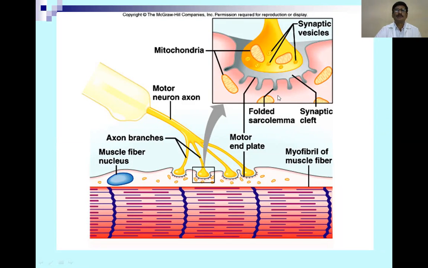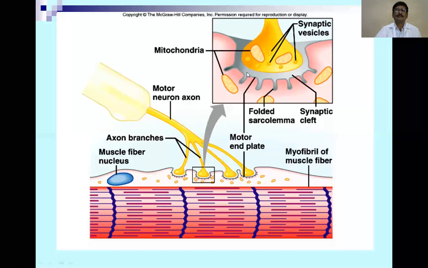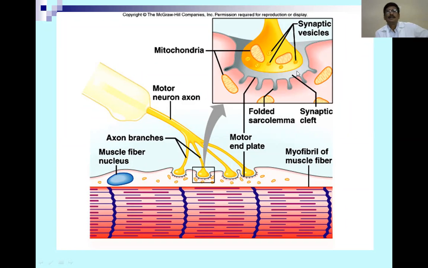These are the folded sarcolemma. This area is the synaptic cleft. The gap between the axon terminal with its synaptic vesicles and the motor end plate is called the synaptic cleft, which is normally 20 to 30 nanometers in diameter.